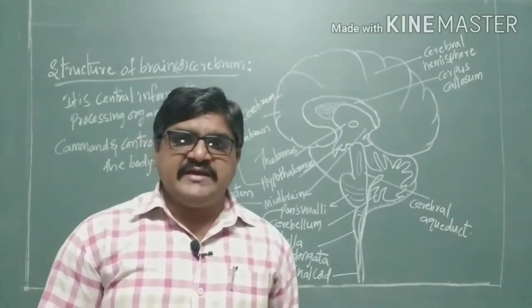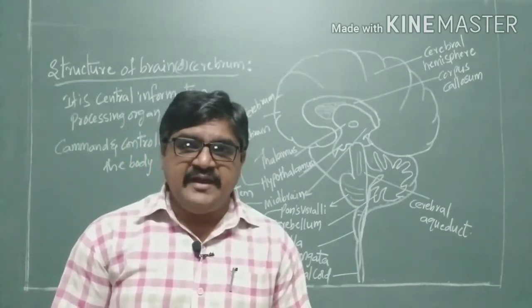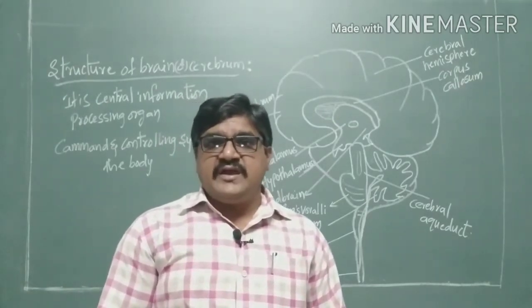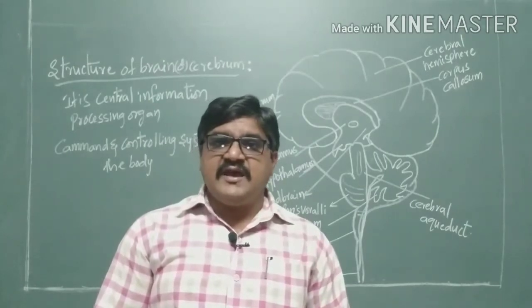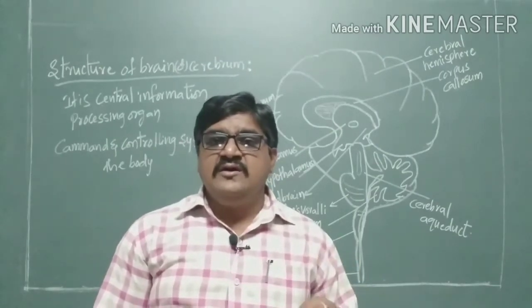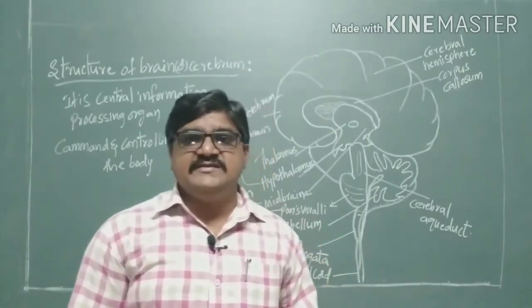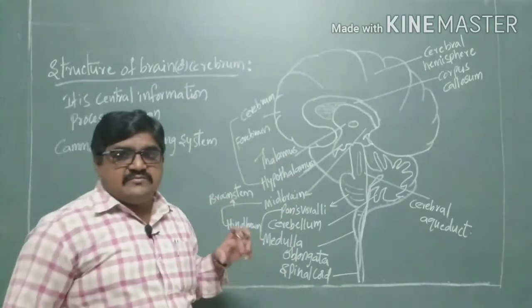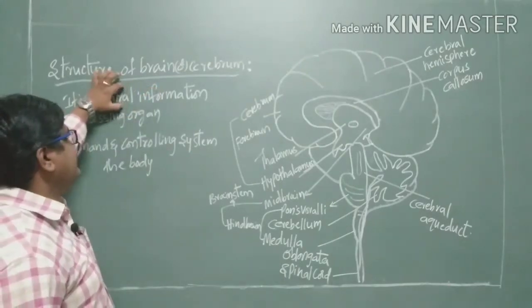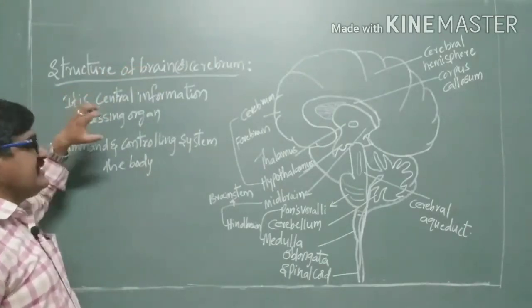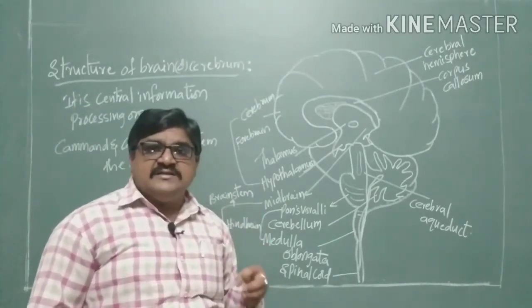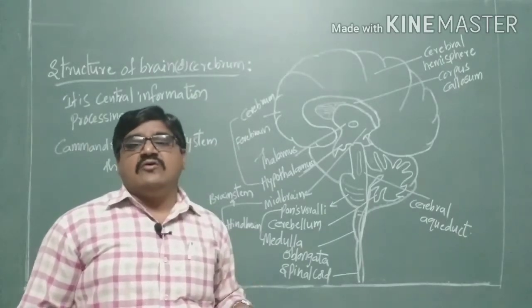Now coming to the next topic, the structure of the brain, or otherwise the cerebrum. The brain is the controlling, central information processing organ of our body. That means all information in our body is sent through the brain only.